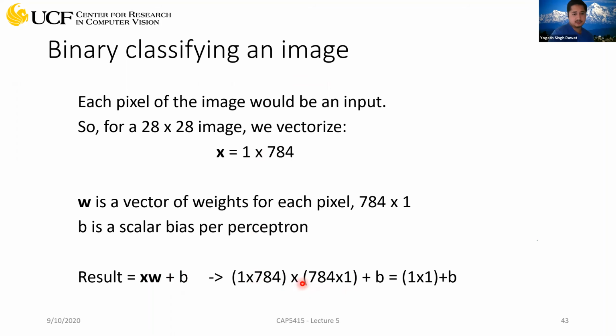Then that's your weight values. You can do a multiplication that will give you just one number, and the matrix size will be 1 cross 1. You can add the bias to this. So this is a simple perceptron which you can use for image classification. So in this case, you're classifying a 28 cross 28 image. Okay.